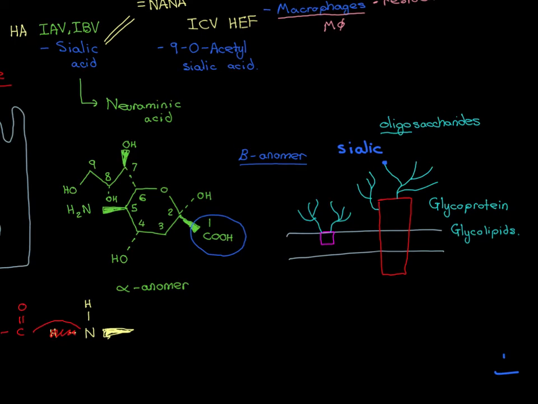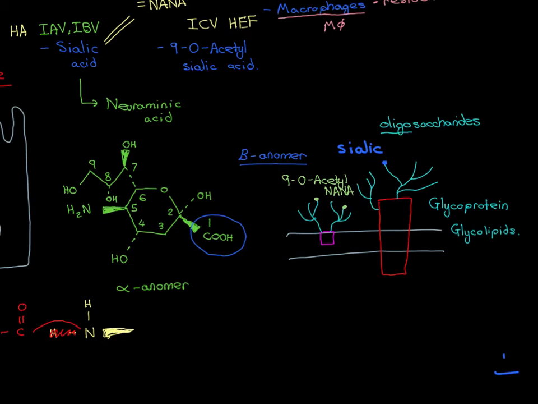In addition, you'll also find that some of them will have 9-O-acetyl sialic acid residues at their terminals. So maybe we'll have this down here in green, and maybe I'll put another one there. So this might be 9-O-acetyl, and then I'll just use the abbreviation for sialic acid, NA, like so, N-acetyl neuraminic acid.